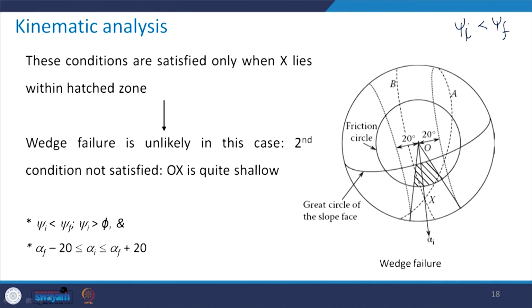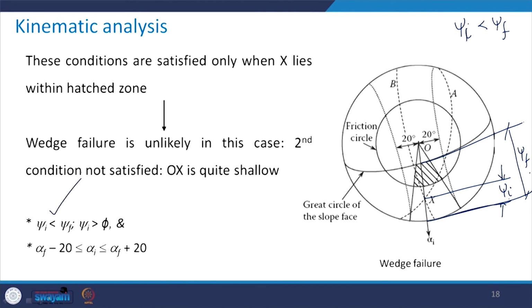So see, this is your psi i, and this is what is going to be your psi f. So psi i is less than psi f, and the first condition is satisfied.